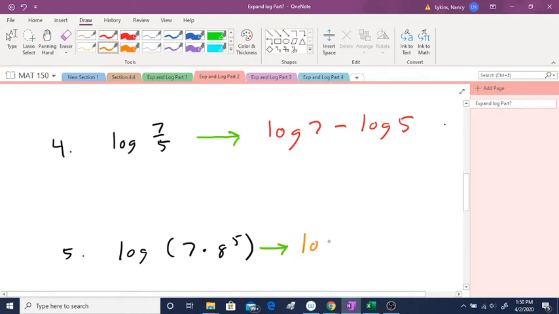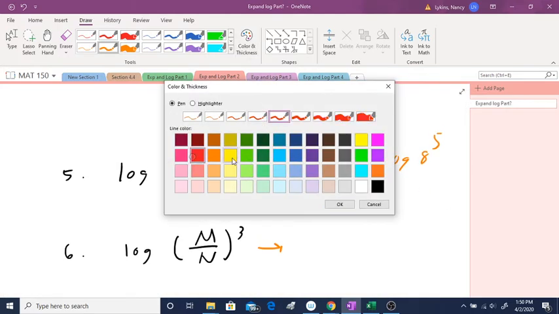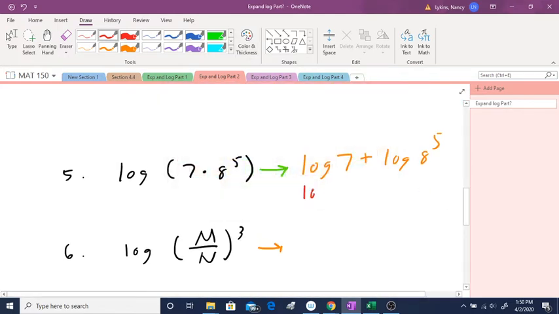So first I'm going to separate them by the product rule: log 7 plus log 8 to the 5th. And then, I cannot do anything with the log 7, but what I can do is drop the 5 down, make that 5 log 8.